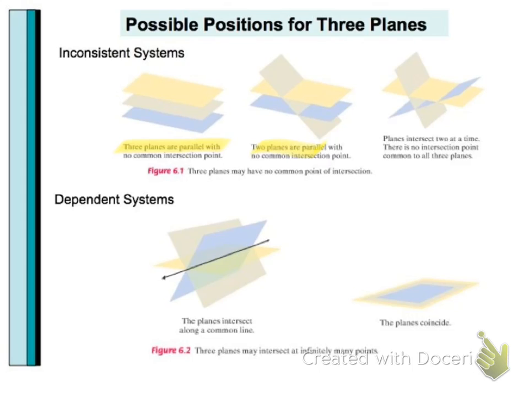The third situation is where two planes intersect two at a time, but all three of them never intersect at the same time. So we're talking about where there is no intersection point common to all three planes. All three of these cases have no common point of intersection, and therefore these are cases where there's no solution. That's the key with this first one.